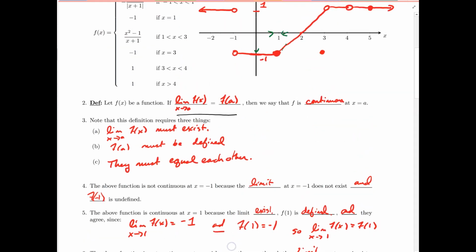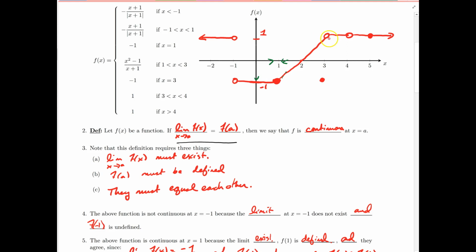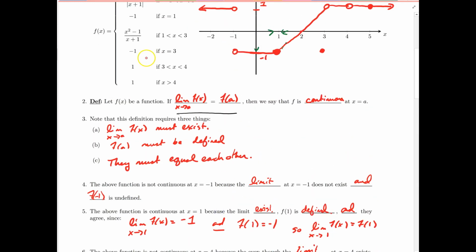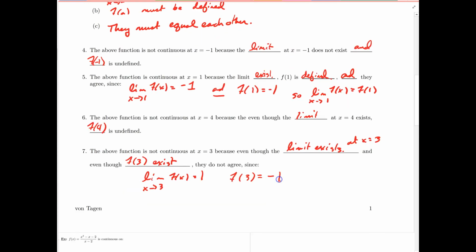Well, as I approach 3 from the right, my y values are approaching 1, and as I approach 3 from the left, my y values are approaching 1, and so the limit proper is 1. But f of 3, by the rule of this function, says when x is 3, we're going to output a -1. So f of 3 equals -1, and the limit as x approaches 3 of f of x, that was 1, certainly does not equal f of 3.